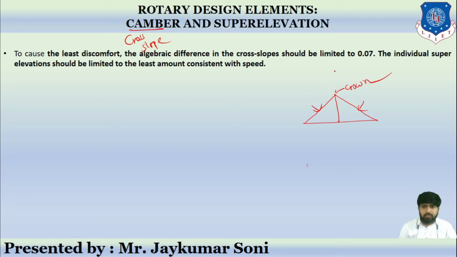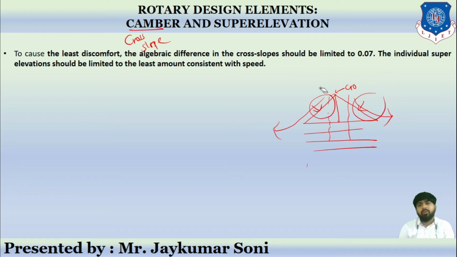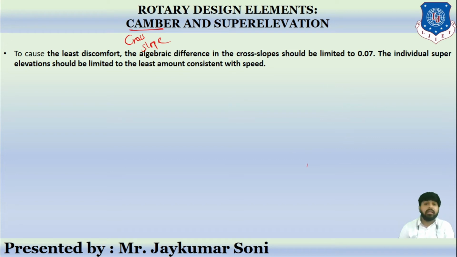This is provided so that if the rainwater is acted upon the surface of the road, it will directly get drained off, and the chances of rainwater being percolated in the various sections of road would be very less. So cambers are provided to drain off the rainwater. You have learned this in the highway geometric design section of transportation engineering in the last semester.